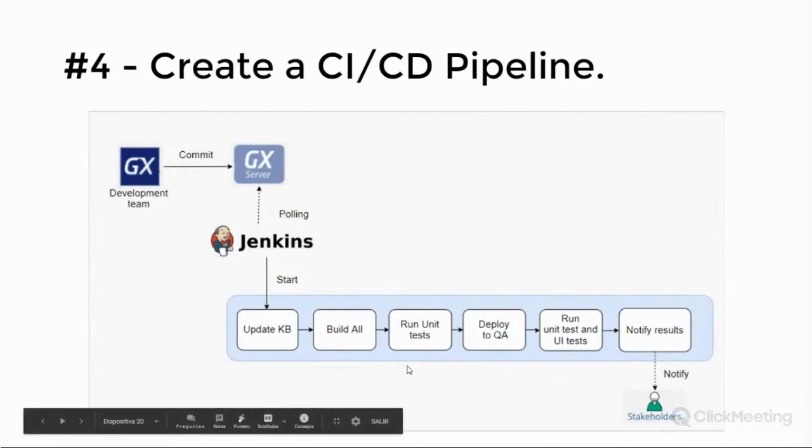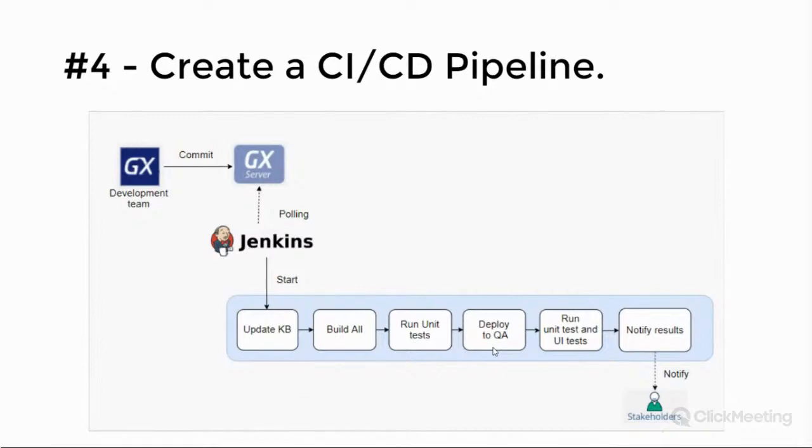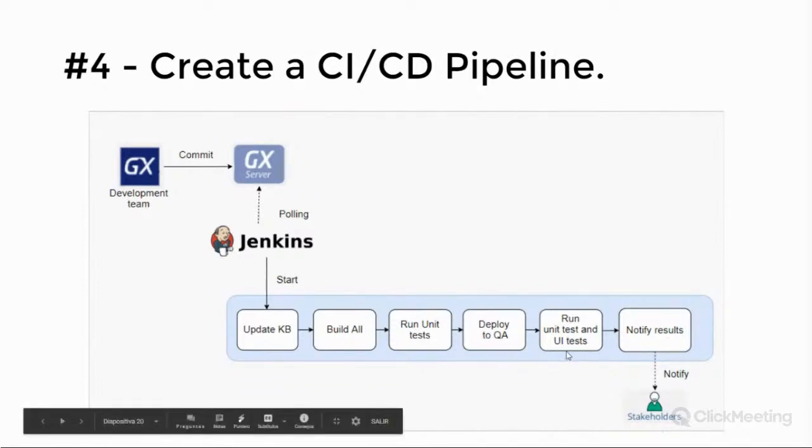If you want to go one more step, you have a step of deploy to QA environment where you run the unit tests again and the UI tests, and notify results to stakeholders.